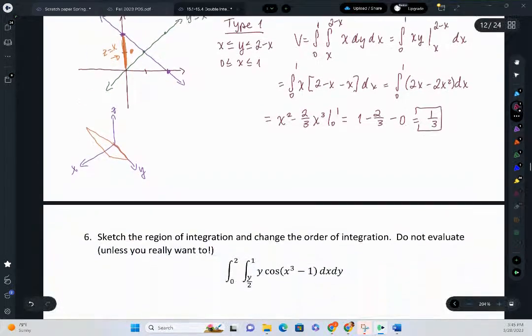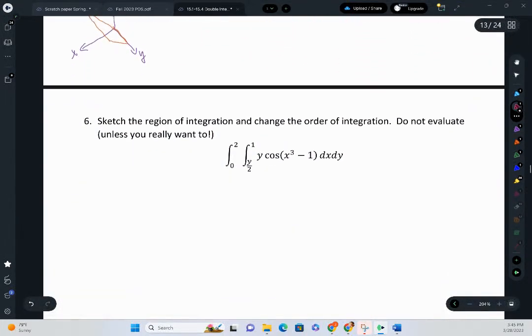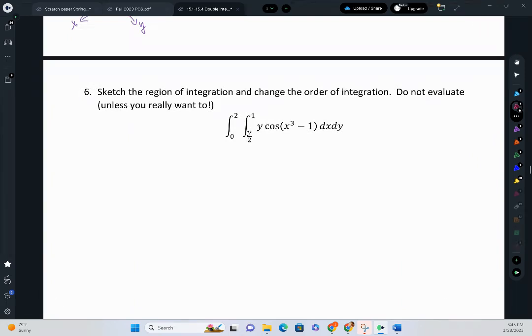Okay, next problem. Here we are asked to sketch the region of integration and then change the order of integration. So that's going to be a very useful skill to have. So right now, the way this is written, I see dx is in the inner integral.